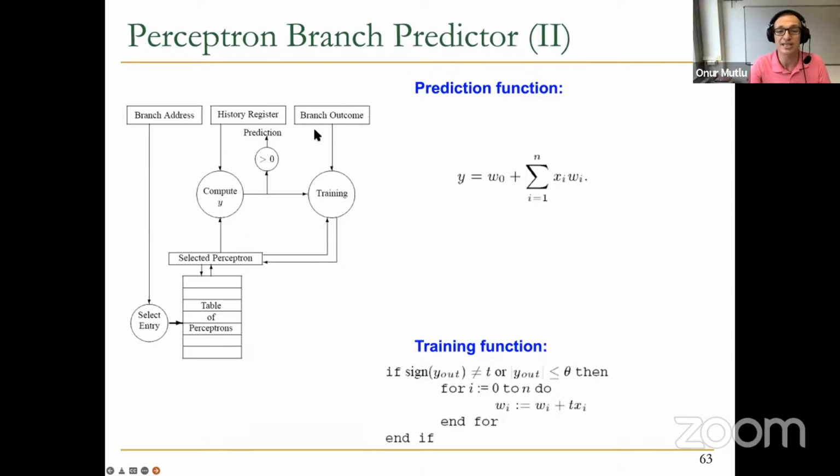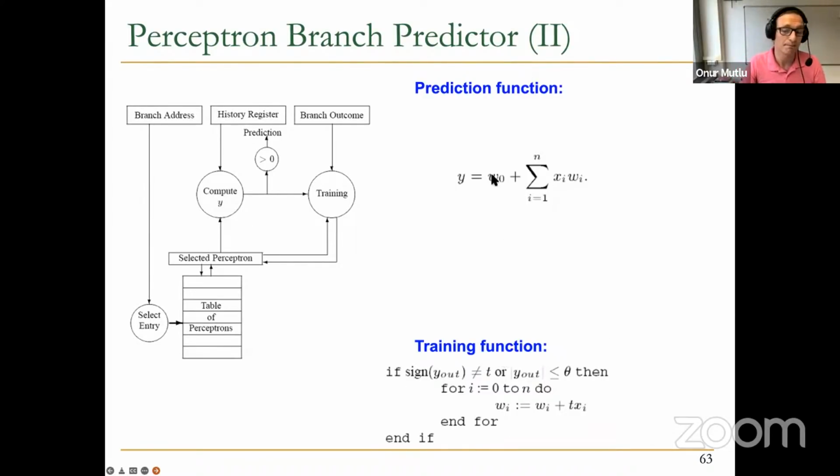Basically, when you actually execute the branch and know the outcome, you update the selected perceptron that is associated with the branch. And this is a training function. It ensures that each bit's weight is updated so that it captures the correlation: whether the branch in the global history register was taken, and whether the branch that you're predicting was taken or not taken. Depending on that correlation, you update the weights. And there's a weight update function that's proposed by the earlier paper that I mentioned. So that's the training, basically.